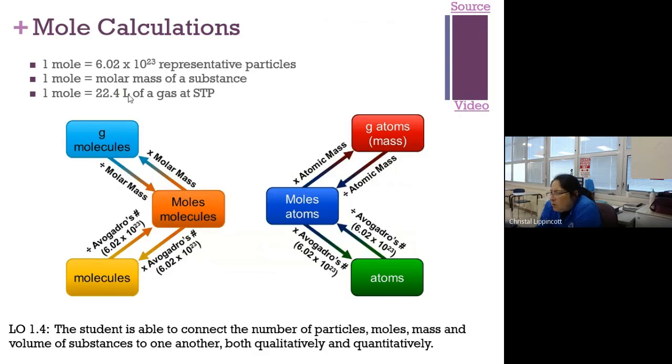All right, mole calculations. You're going to divide by molar mass to get to moles and multiply by molar mass to get to grams, and then you can get to Avogadro's number like this, okay? If you want to see that in terms of atoms and grams and that sort of thing.